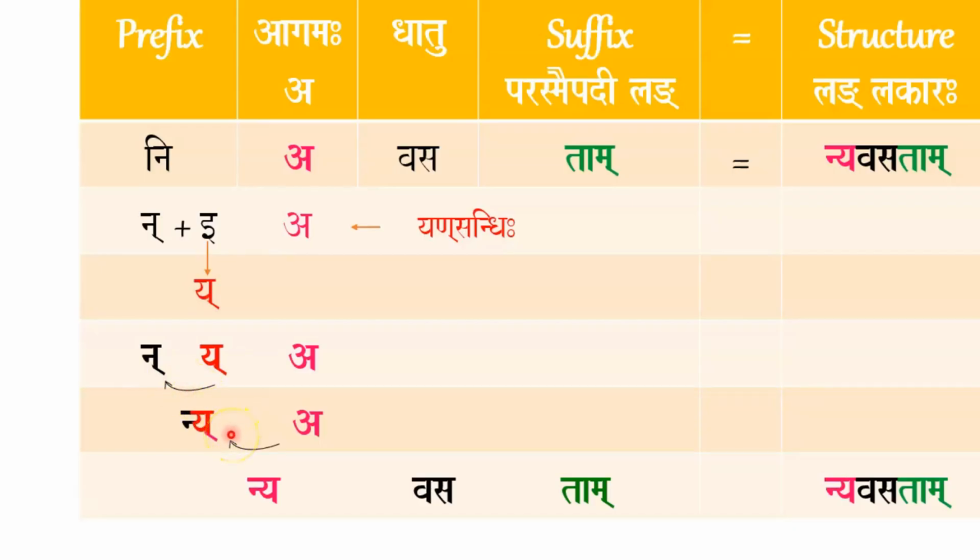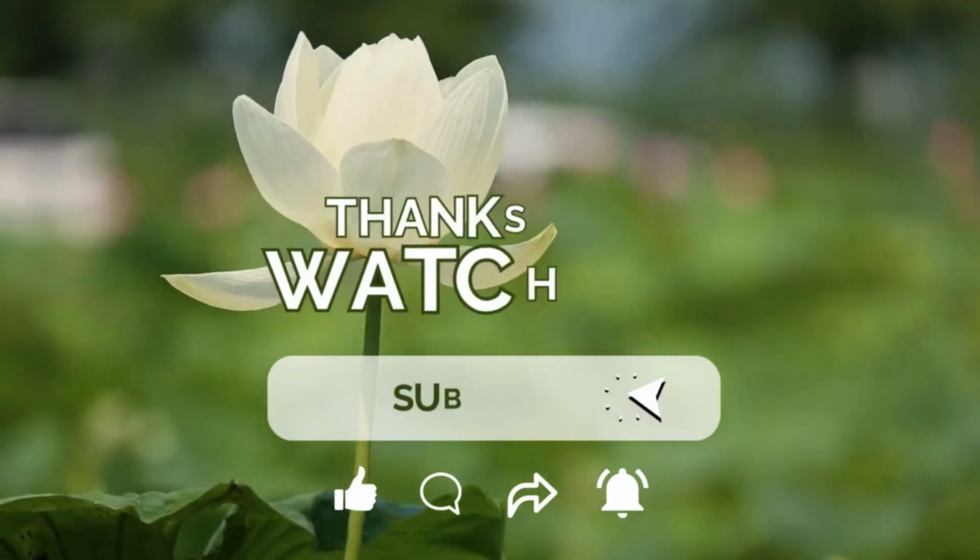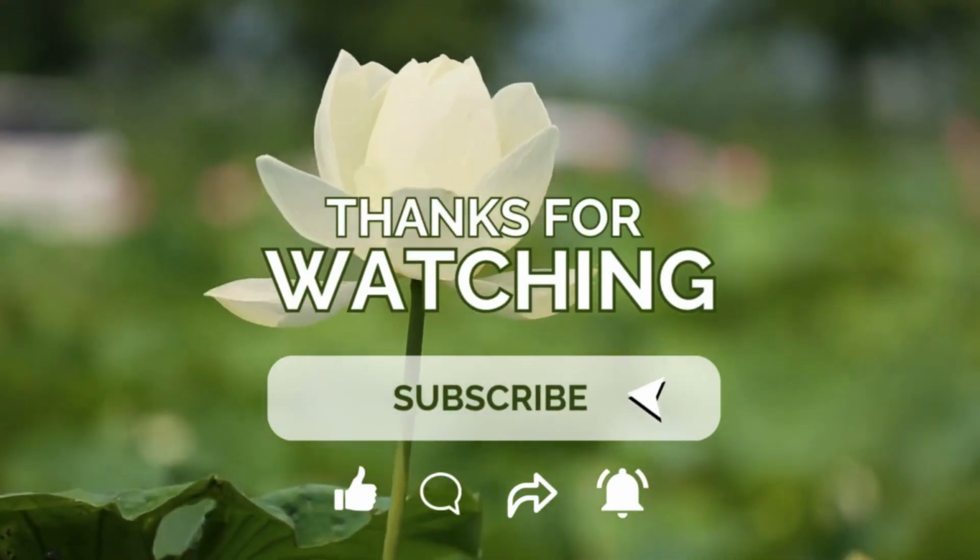After that, agamaha A merged with halanta Nya, which becomes the cluster letter Nya. Then all the words are brought together, which becomes Nyavasatam. So our sentence would be Mrugaha Kakaha cha Nyavasatam. Well, that's it for this session.